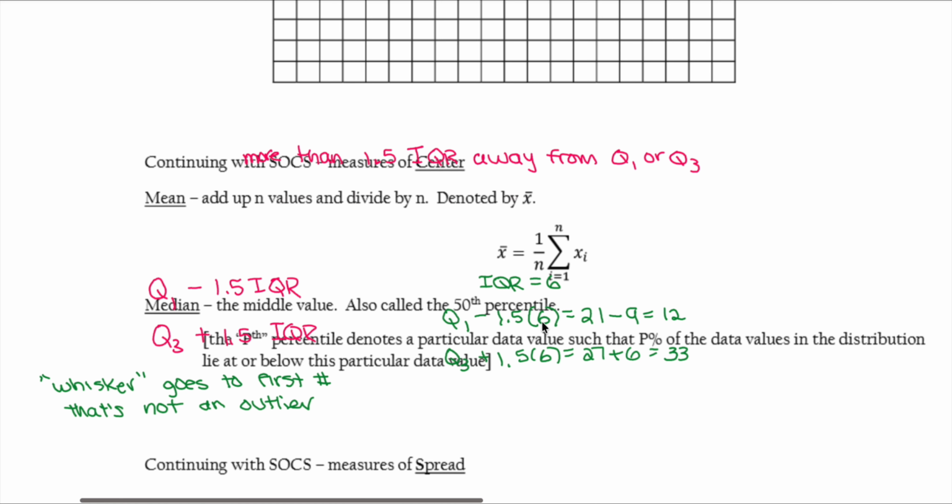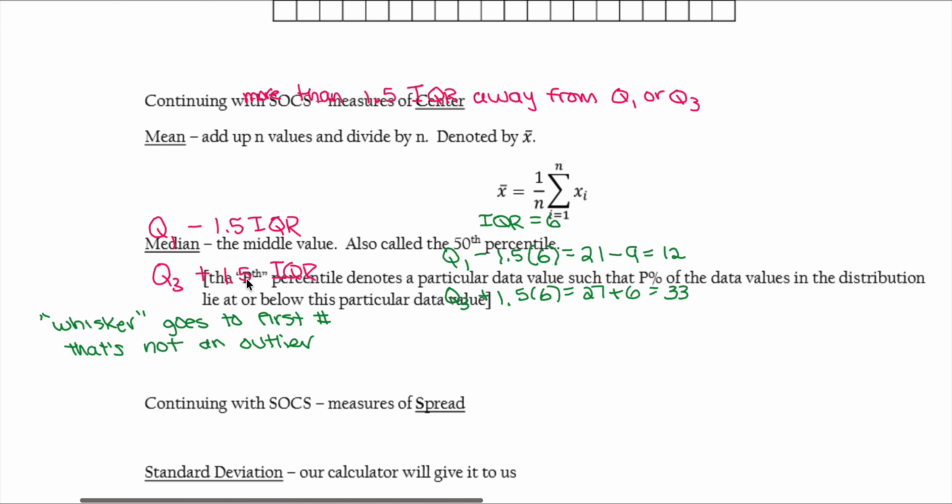Yeah, so median in here, this should be the P right here. It's covered by the 5 in here. So this should be the Pth percentile, which denotes particular data values such that P% of the data values in the distribution lie at or below this particular data value. Okay, so this is a very wordy explanation, but it's fine if you didn't fully understand it right here. I will explain that later.